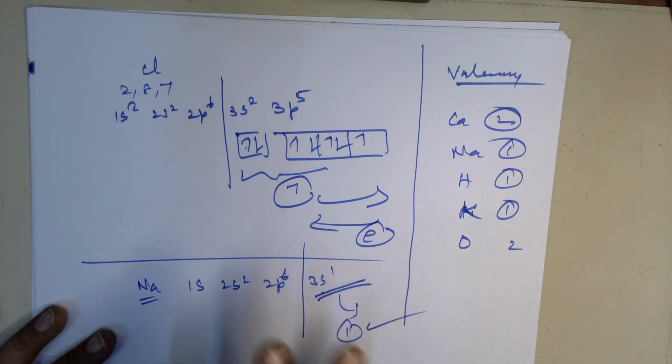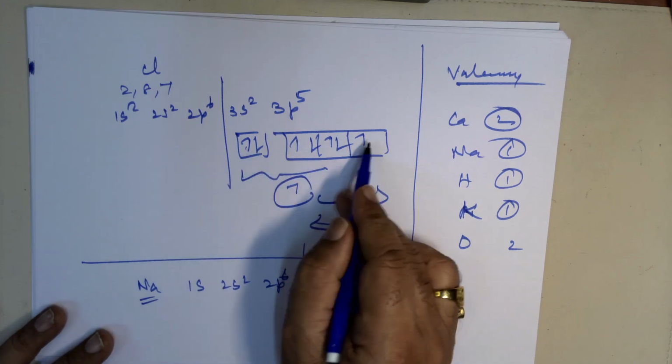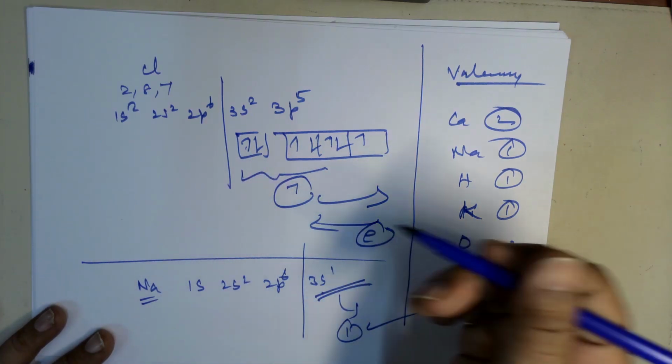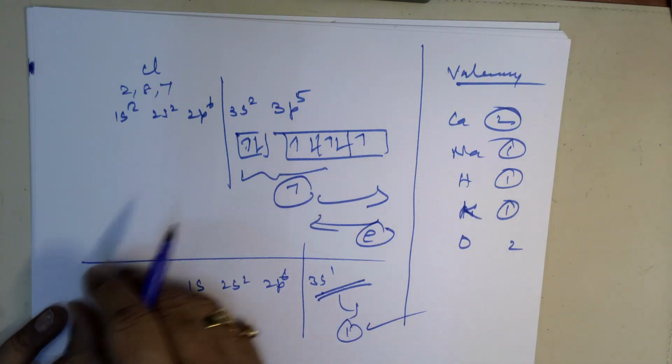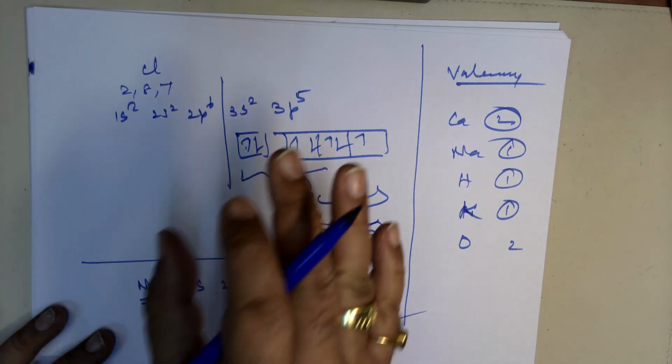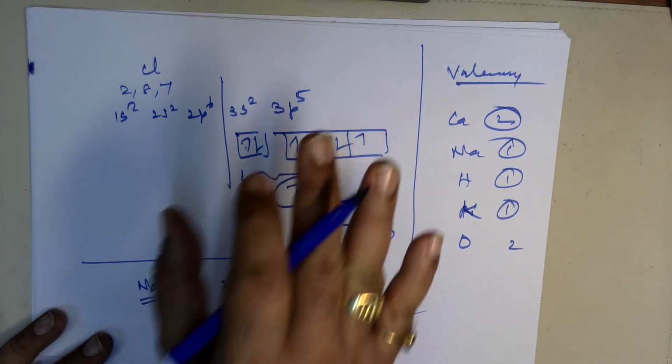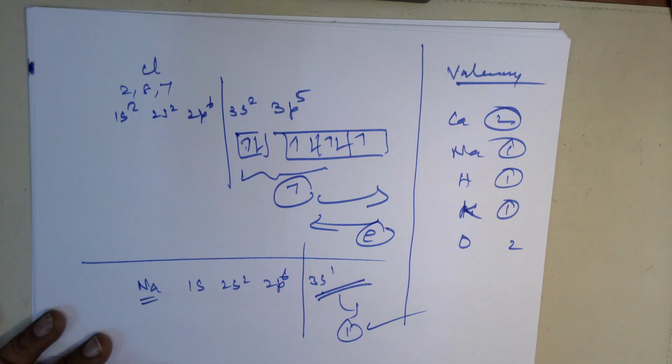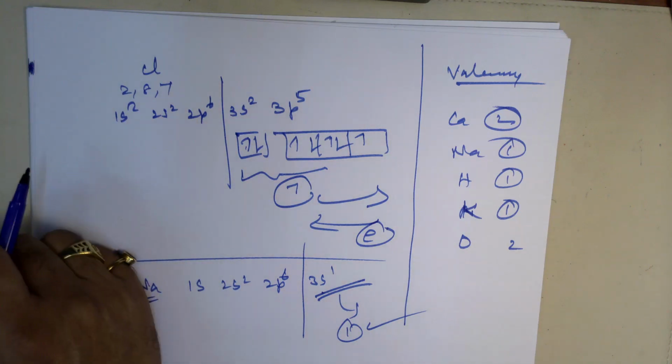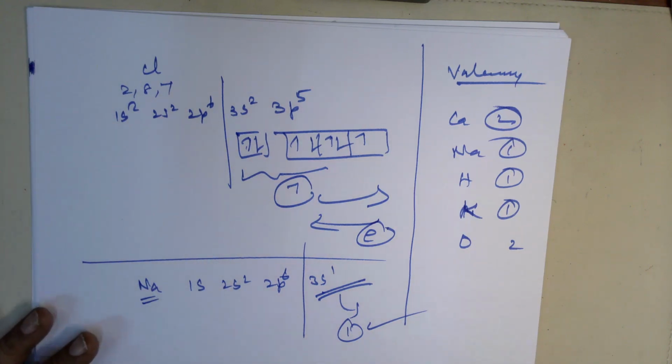So here, what happens? It has got already seven electrons, and you are adding one more electron. It has a surplus electron in the third shell, but voluntarily you are pushing one electron on it. For example, when you don't feel hungry, your mother comes and delivers some sweet, saying oh, you take extra.